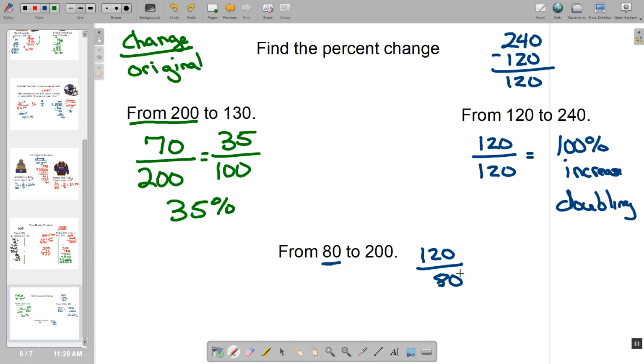Therefore, this is going to be over 100%. Since it's going to be over 100%, I'm going to make this into a mixed number. So 1 whole and 40 80ths left over. 40 80ths simplifies to 1/2. A half is 50%, so 1 1/2 is 150%.